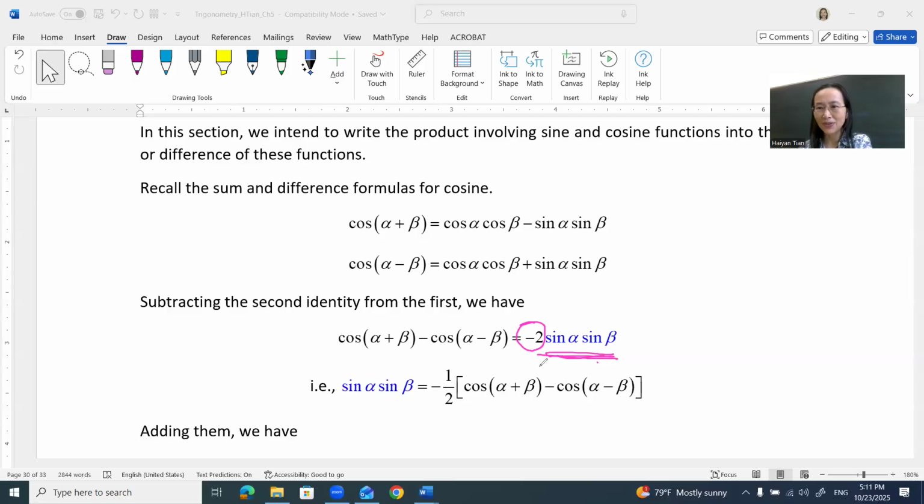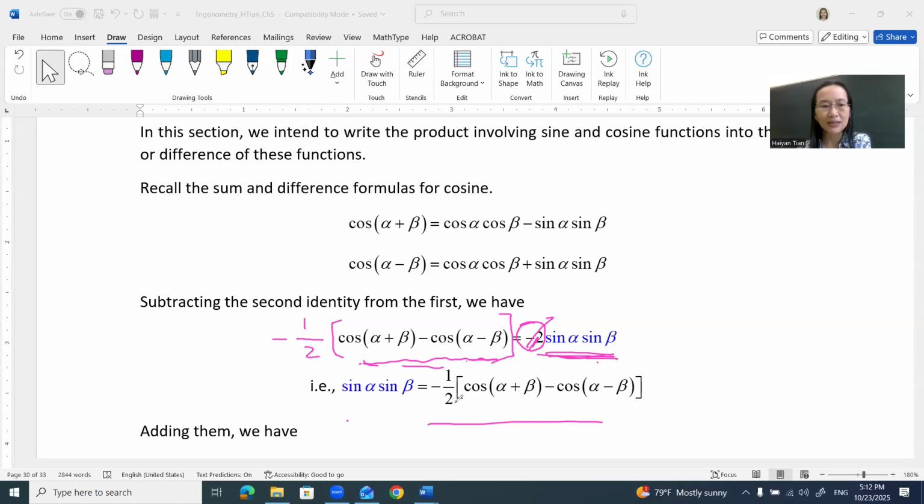Okay, so I do this color code. You can see I can divide -2 both sides. Once you divide by -2, this one will be gone, right? So we can write sine alpha, sine beta equals -1/2 times this difference, cosine of a sum minus cosine of a difference.